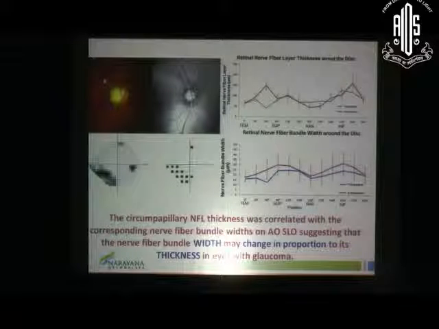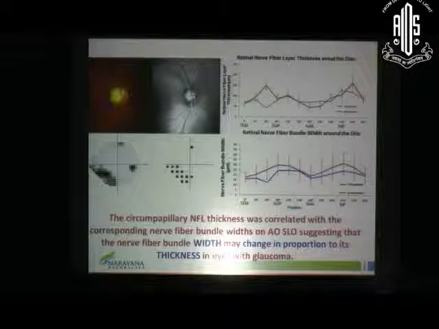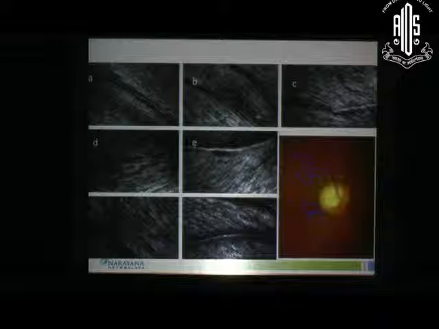Again here we have the nerve fiber bundle defect, and if you take individual areas involving the defect and not involving the defect, these are the defect corresponding to the inferior arcuate, and a thinning in the supratemporal, both in the nerve fiber bundle width as well as in the nerve fiber layer thickness. So they suggested that the nerve fiber bundle width changes in proportion to the thickness in eyes with glaucoma.